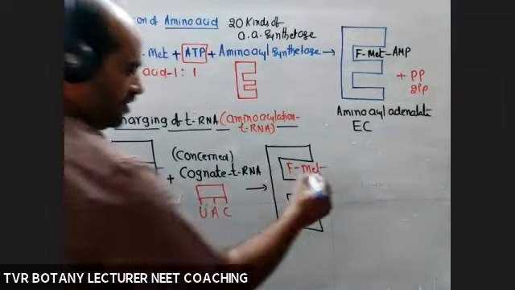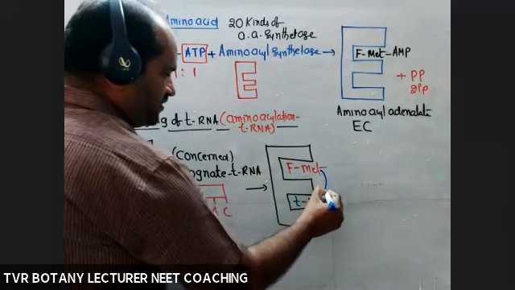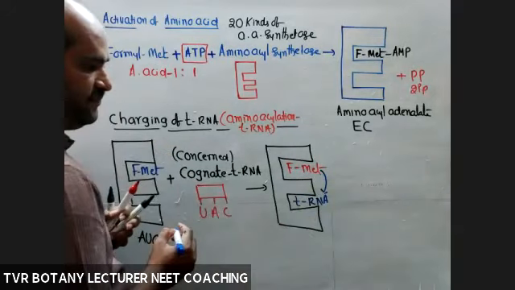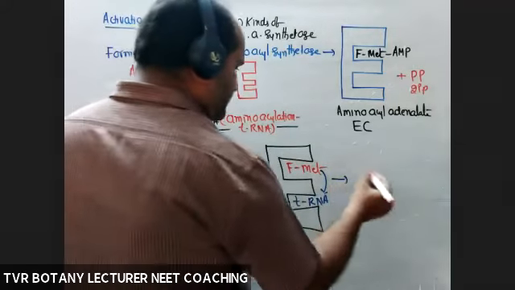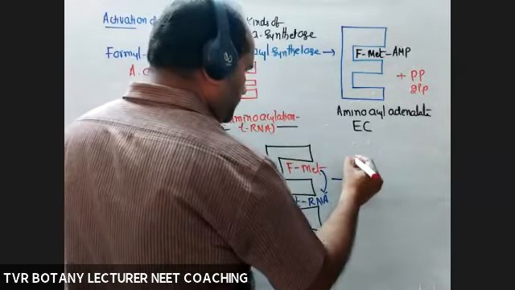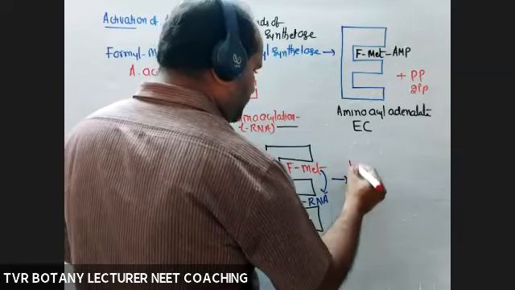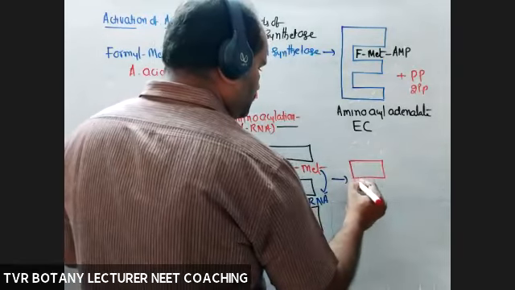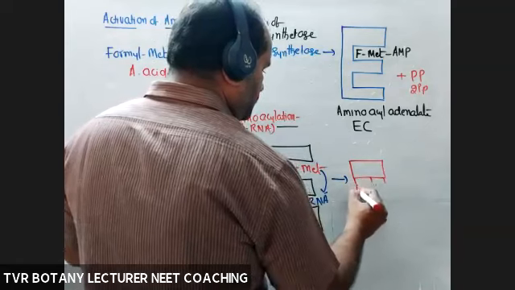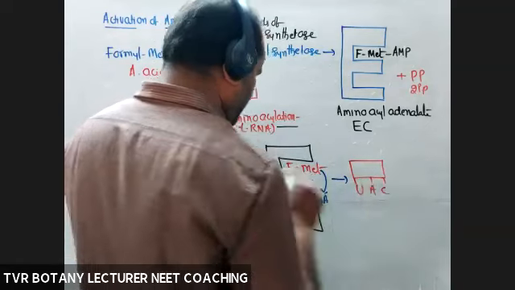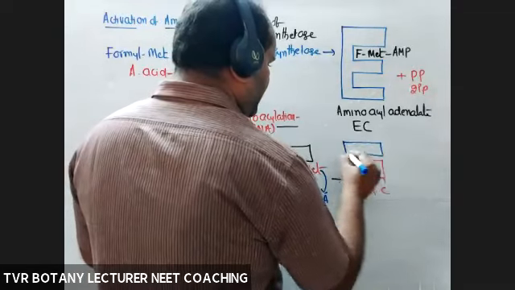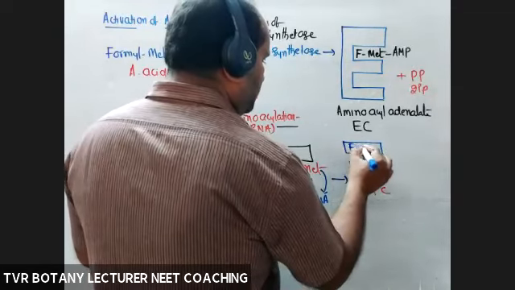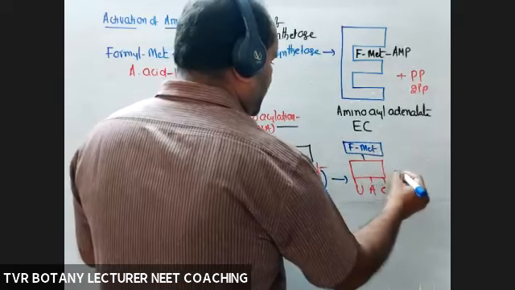Okay. So now formyl methionine is transferred to the CCA end. So finally, enzyme separated. So this is a tRNA molecule with UAC anticodon plus bound amino acid, that is formyl methionine, plus enzyme.